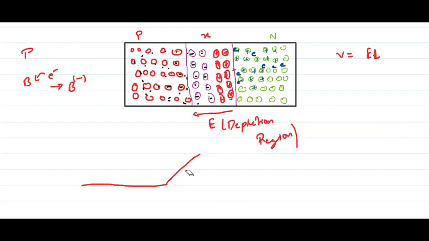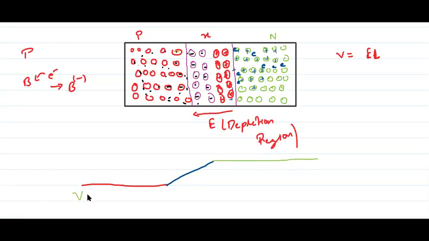It won't be that slant. Then again, after this, we have this N type. So again, potential will be constant. Understood, everyone?